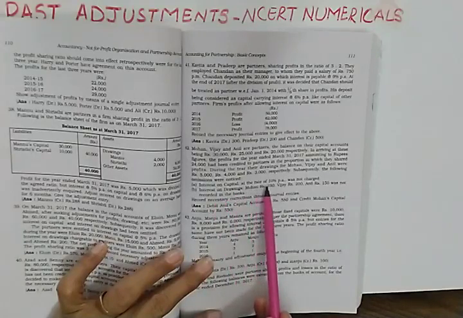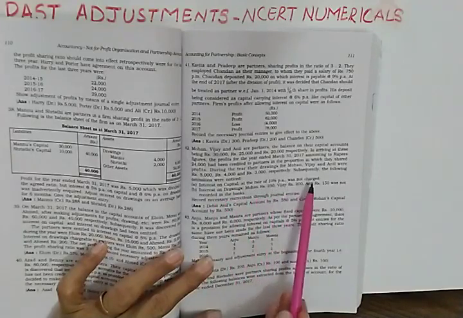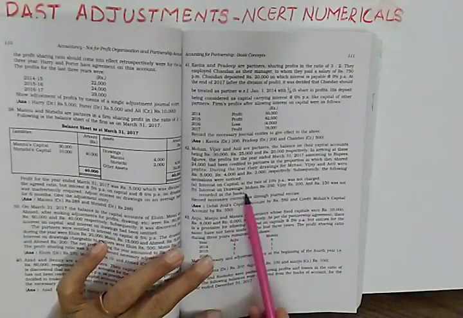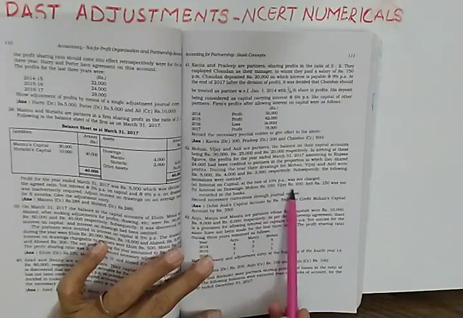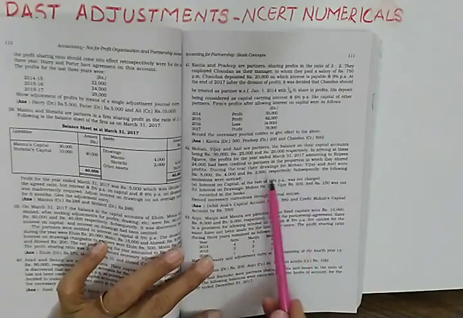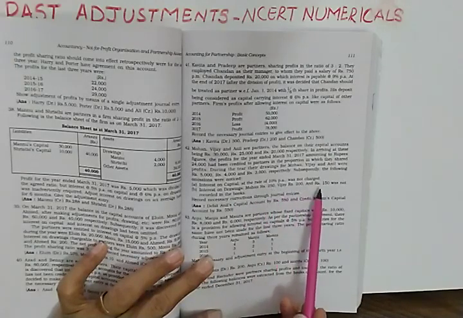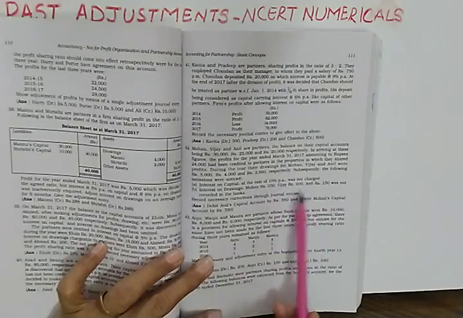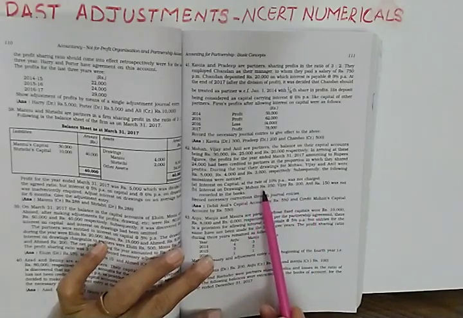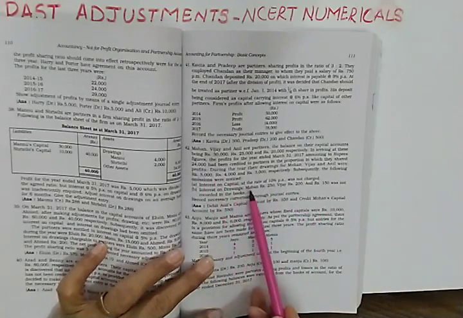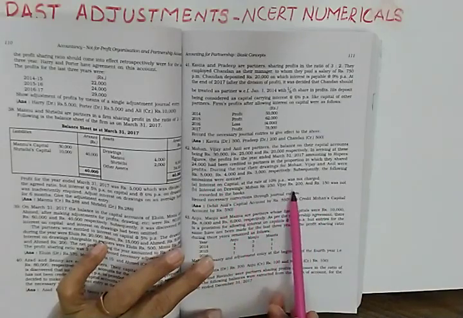Interest on capital at the rate of 10% was not charged, and moreover interest on drawings has not been charged. So whenever interest on drawings is given to you in amounts, always take that and ignore the percentage. You don't have to calculate if interest on drawings in terms of rupees is given to you.